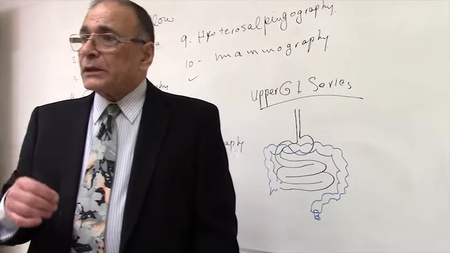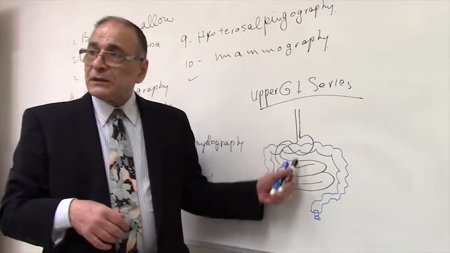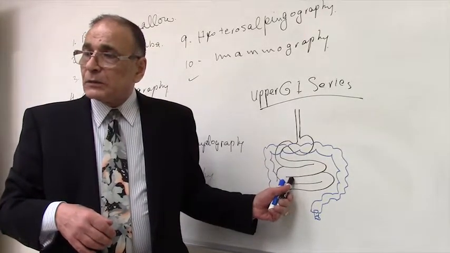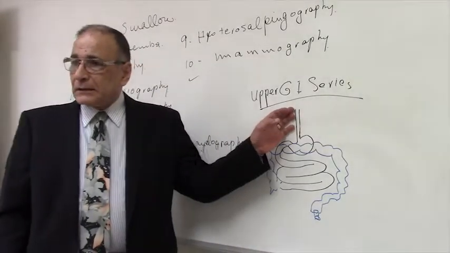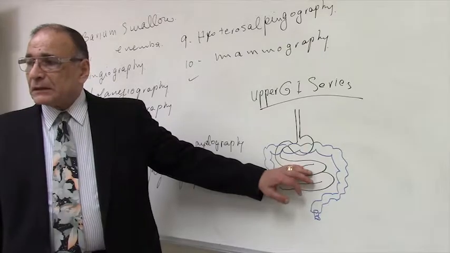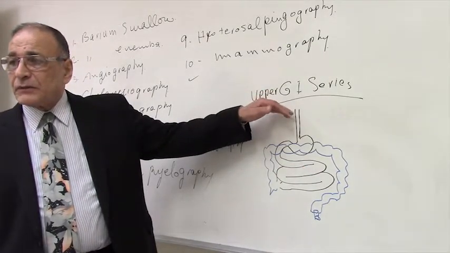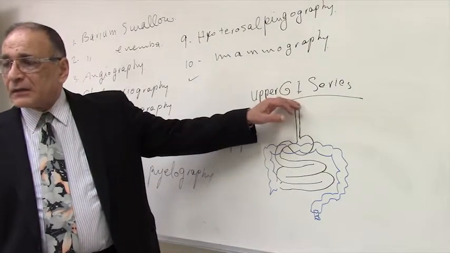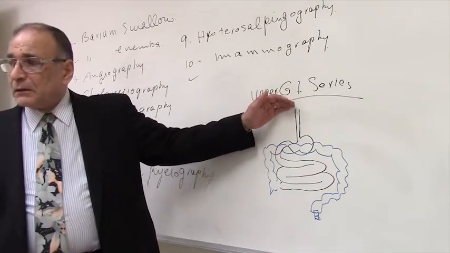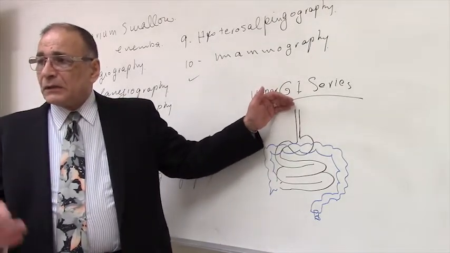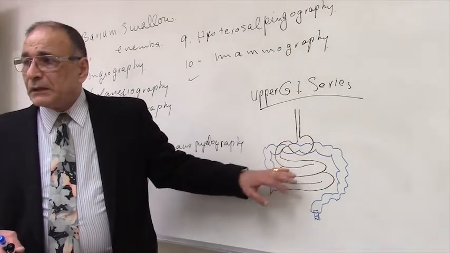So if you want to do an X-ray to visualize any part of the upper gastrointestinal tract, what is the easiest way? The barium swallow. The upper gastrointestinal tract starts from the esophagus, actually from the pharynx or the mouth, but here let's start with the esophagus, stomach, and all the small intestine, duodenum, jejunum, and ileum.